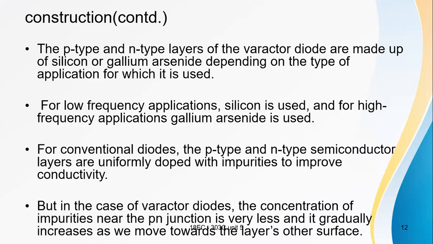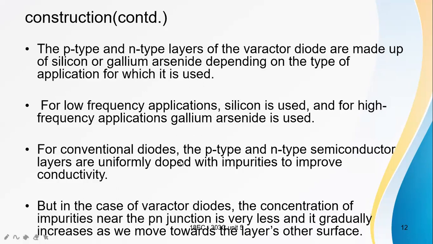For low frequency applications, silicon is used as the semiconducting material, and for high frequency applications, gallium arsenide is used.